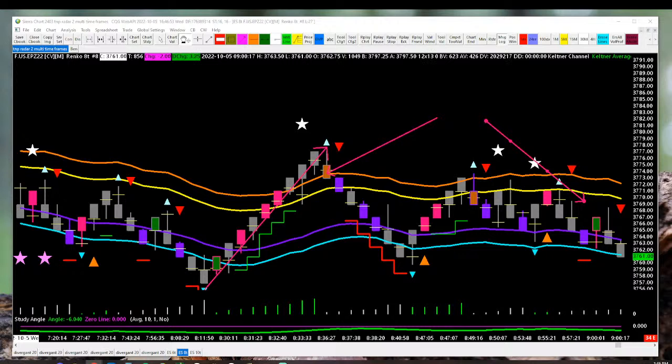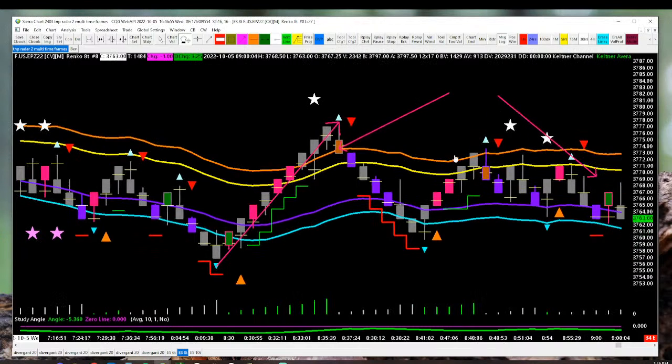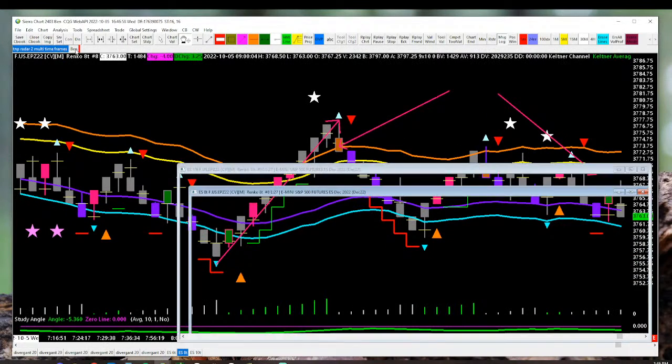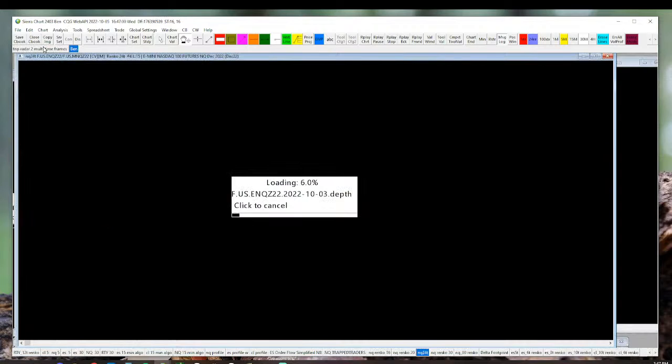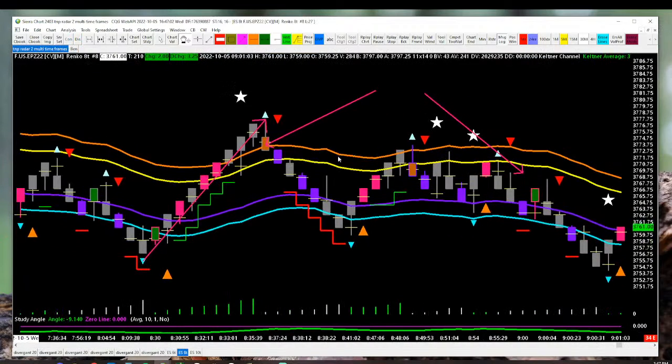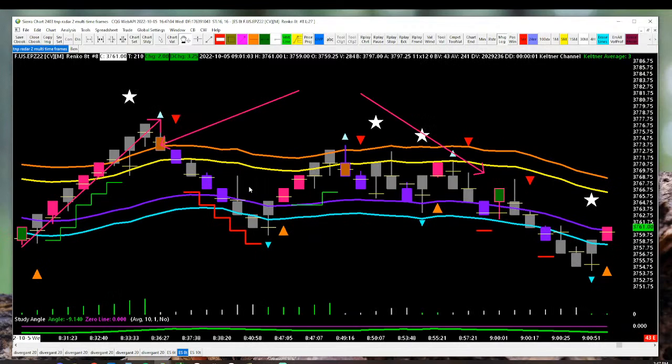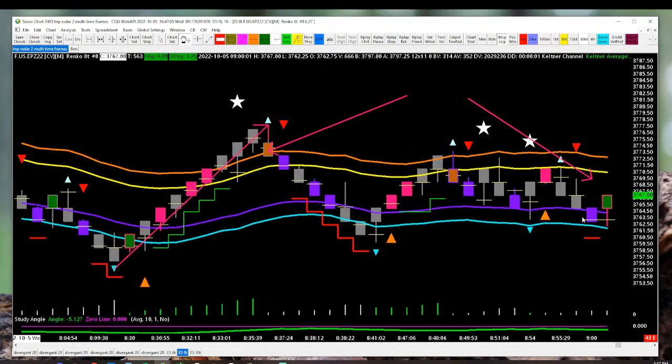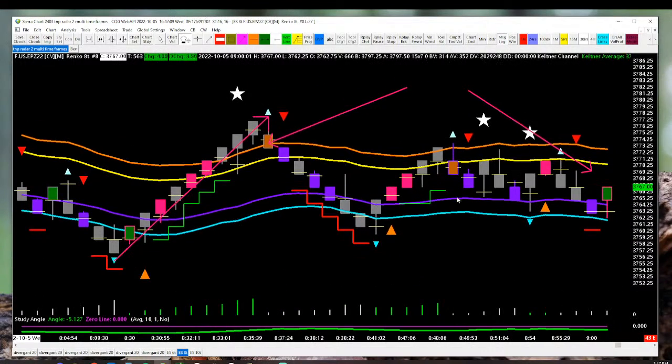Oh, NQ didn't either. So it wasn't a high of the day, it was just a high. I must have just been too zoomed in. Wow, it's taking forever. So it was just a high compared to something previous. Unless I was doing the wrong day, that'd be funny. Doesn't matter. It's almost the same.